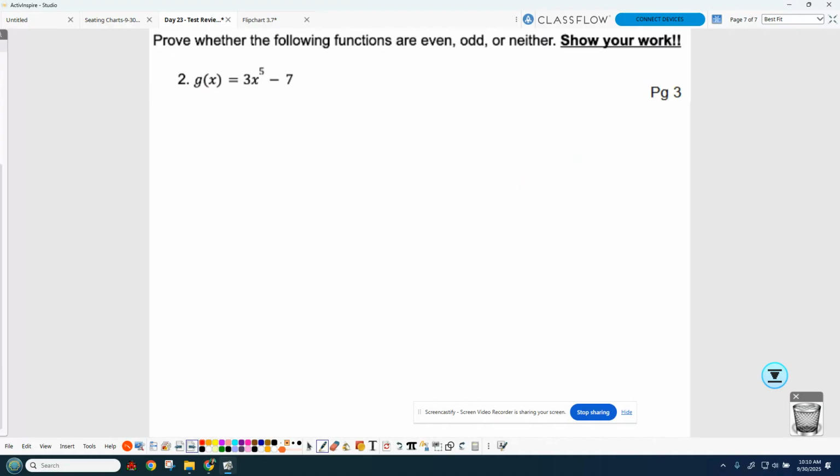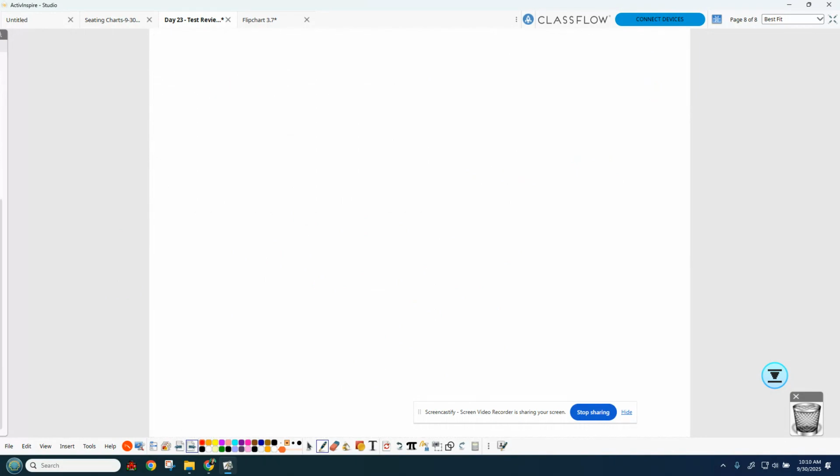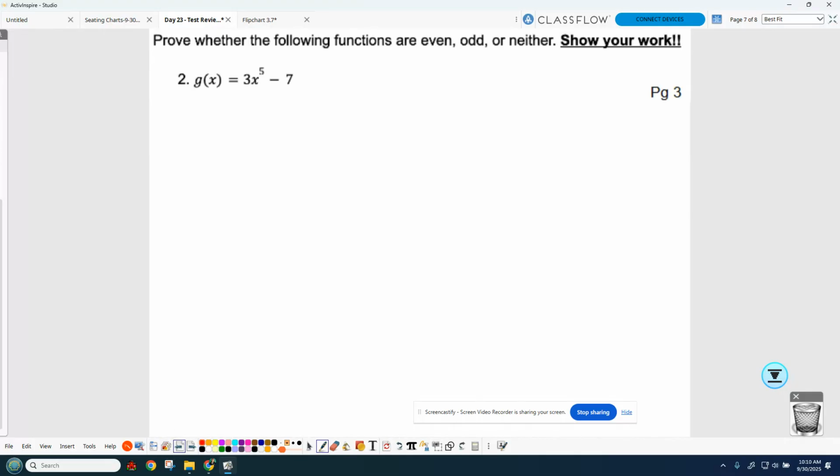And even, odd, neither, do you guys remember the test? Okay, what was the something else? Page 3? Yeah, how would you make that second graph odd?